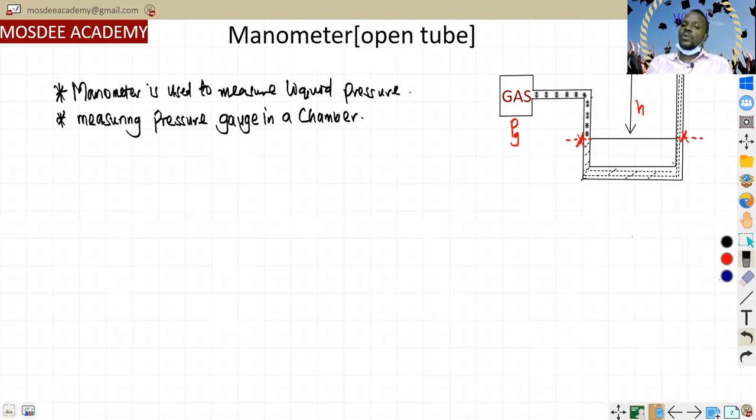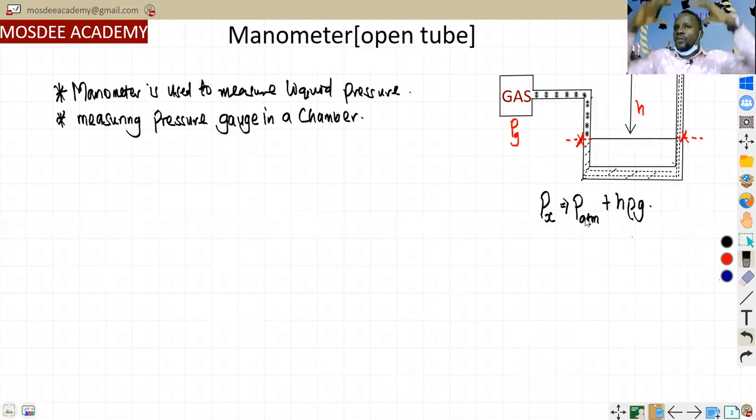So we can now say the total pressure exerted at this point X is equal to the atmospheric pressure, P atmospheric, plus the pressure inside the liquid, which is always h rho g. We've talked about that. The liquid exerts a pressure h rho g, then the atmosphere also has its pressure.